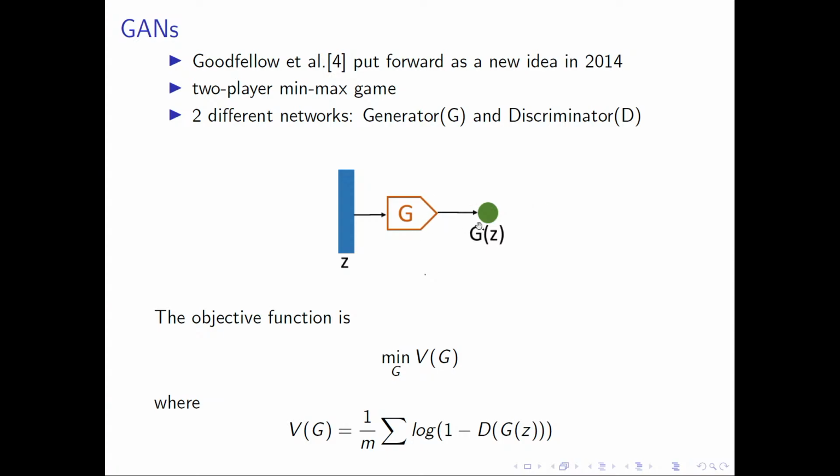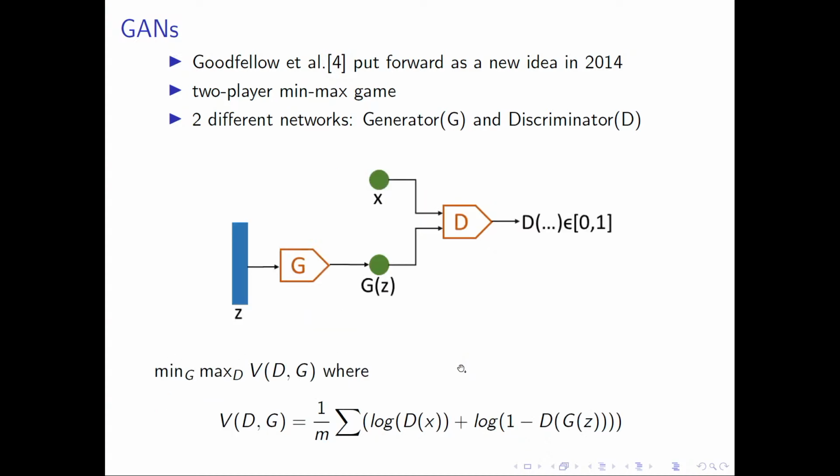For example, the discriminator receives G of Z and says D of G of Z is 1. That means the generator creates data similar to real data. Or it is 0, which means not similar to real data. So G wants to maximize D of G of Z because it wants to create similar data. That means it wants to minimize 1 minus D of G of Z. So the cost function is the mean of this, and the objective is minimizing this cost function.